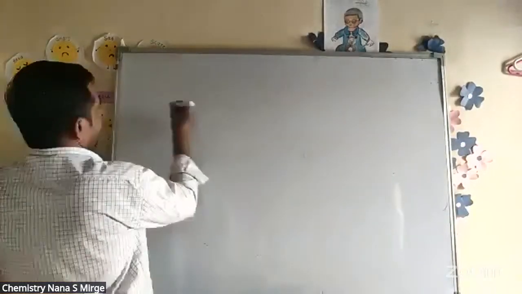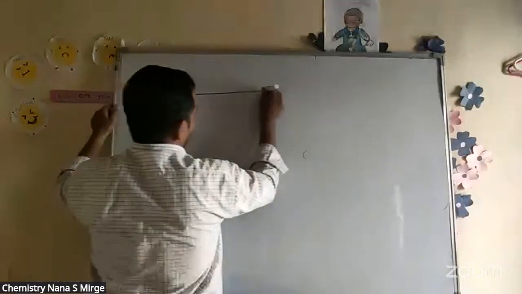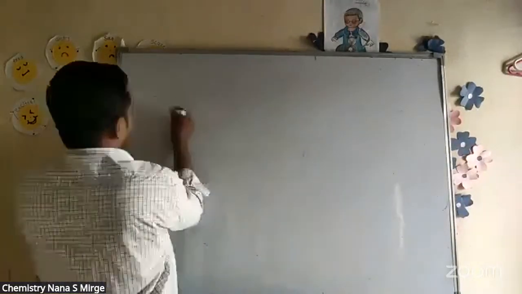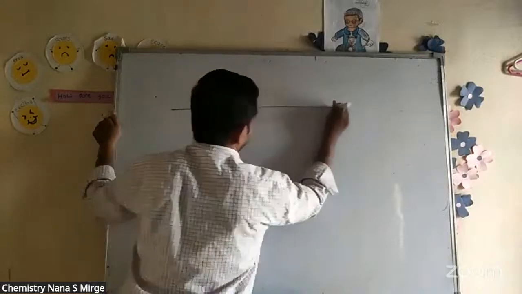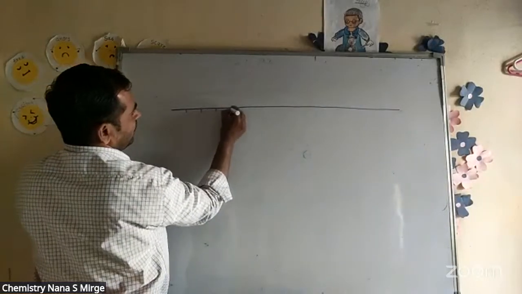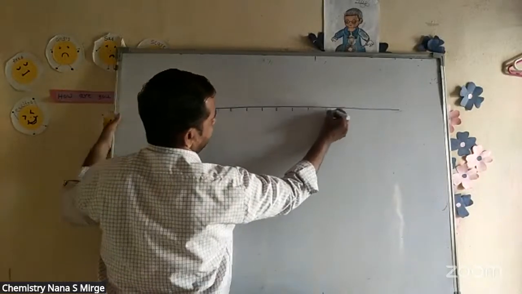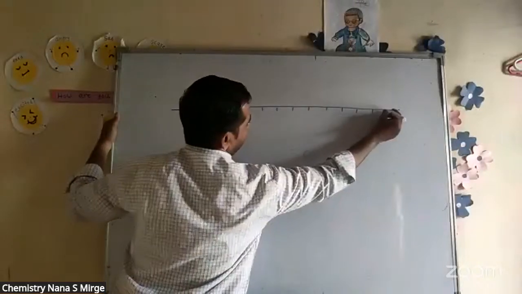So you make a line. So 1, 2, 3, 4, 5, 6, 7, 8, 9, 10, 11, 12, 13, 14.